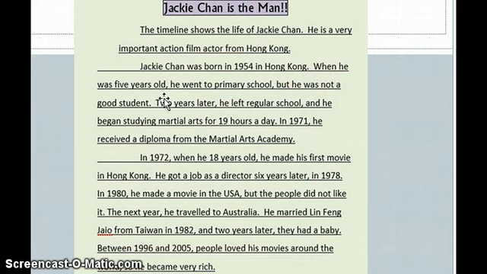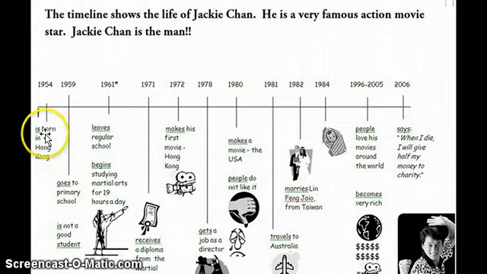So here, when you are putting information from the timeline to paragraphs, then you can use past tense. But if you are writing information in timeline, look here, which tense is used? It's present tense. Is born. He didn't write was born. Leaves, makes. So this is present tense.